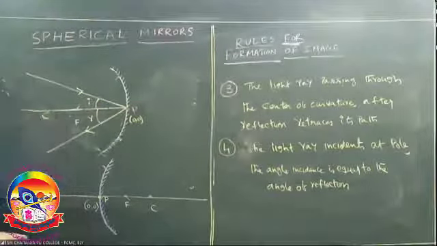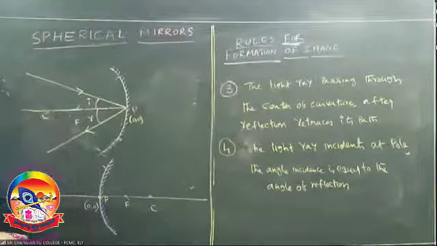PC means P to C, the radius of curvature. PF means the focal length. But in optics, sign conventions are most important. In the direction of the light ray, distances measured are taken as positive.